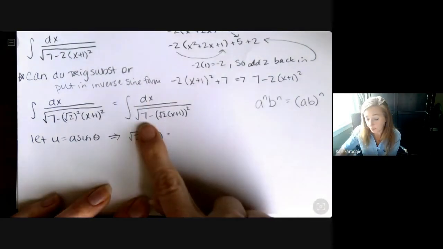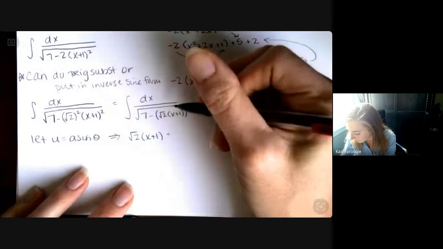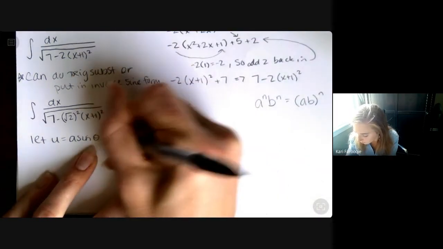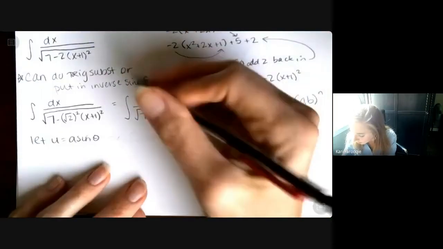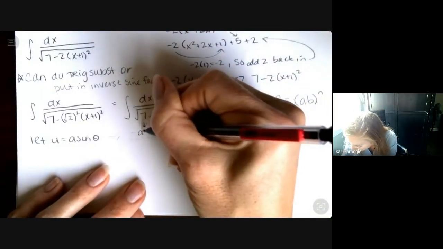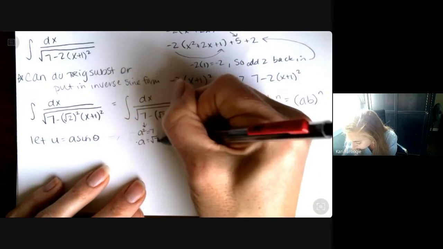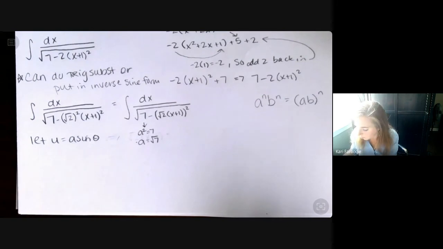Now, we need to remember that a squared is 7. I should have actually written this down over here. I'll write that underneath. I want to make sure it's super clear here. So if a squared is 7, that means that a is the square root of 7. So very subtle, but very important.